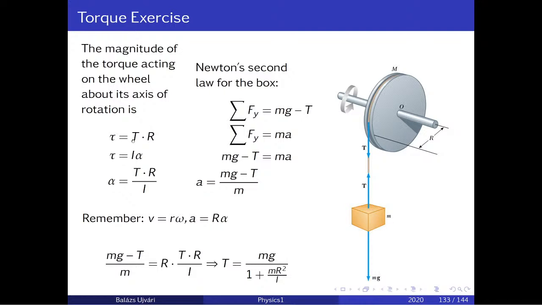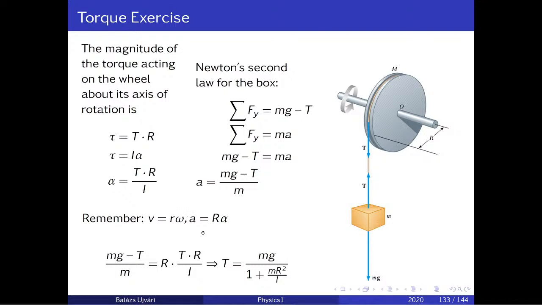The torque, which is this unknown T times R, and since here we have again 90 degrees, we can forget the vectors. We only have to multiply the length of the force with the length of the R, and the dynamical equation of how it moves is torque equals moment of inertia times alpha.